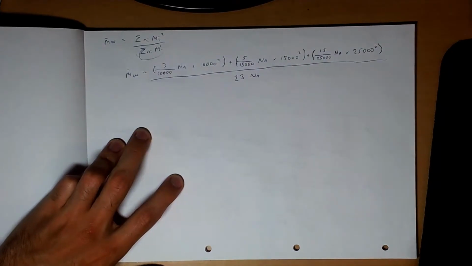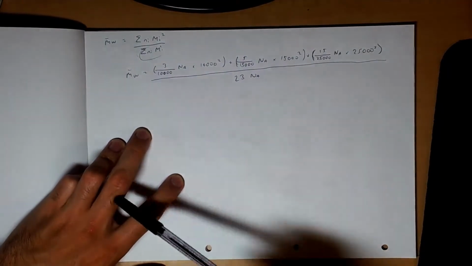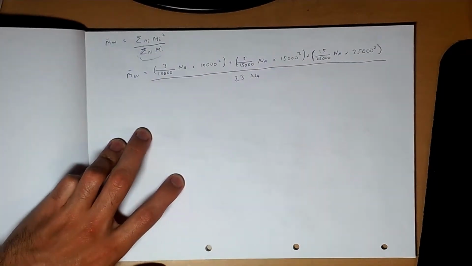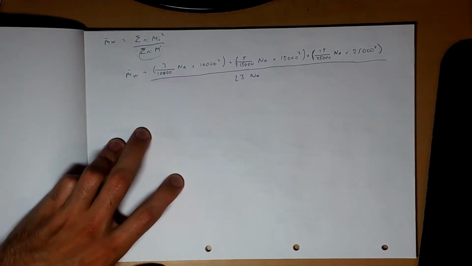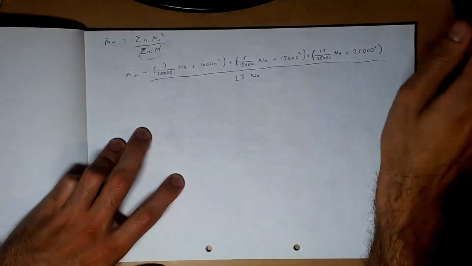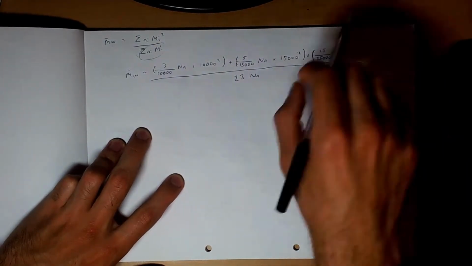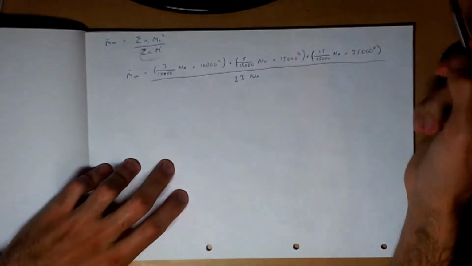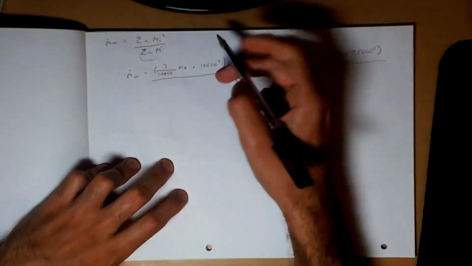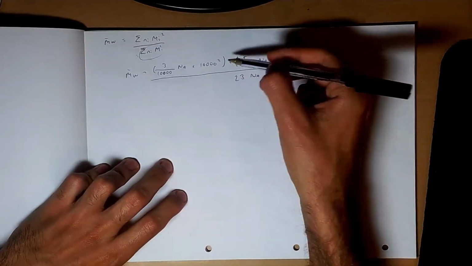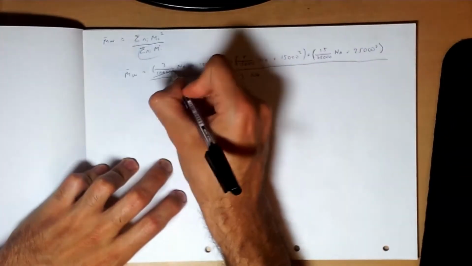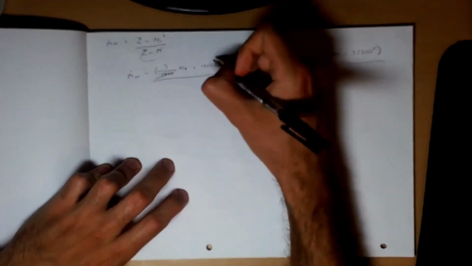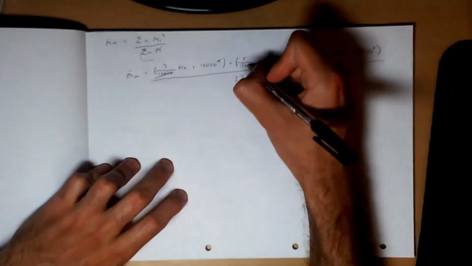Again, for further practice, you could put those in again, practicing using the sum of Ni Mi, or just writing it out fully, but to save time I'll write it out like this. From here we can cancel again, so instead of the whole term cancelling we have a square here, so we would remove the 10,000 from the bottom and cancel the square on top.